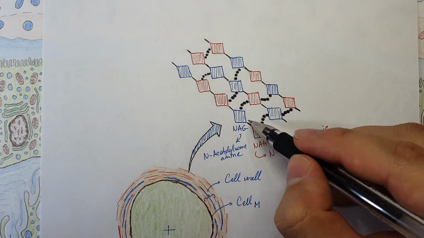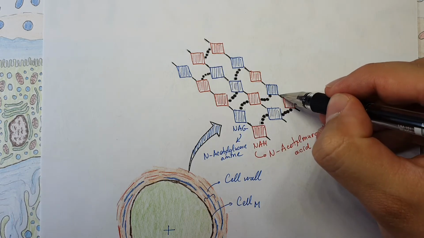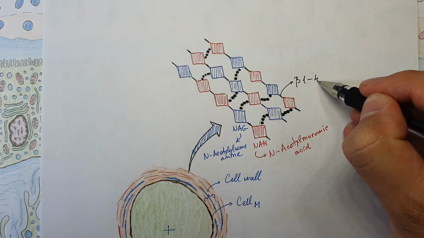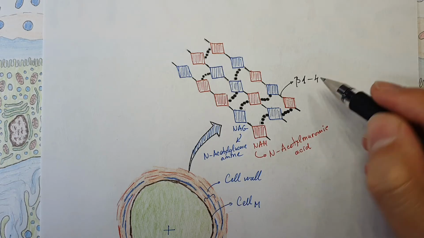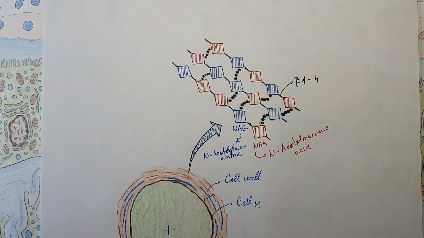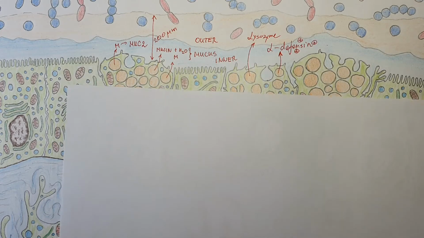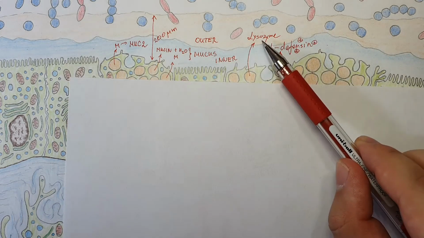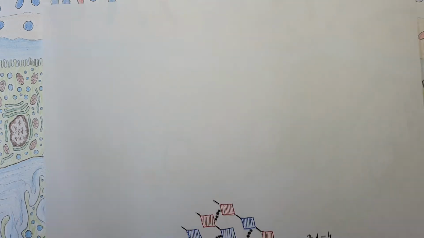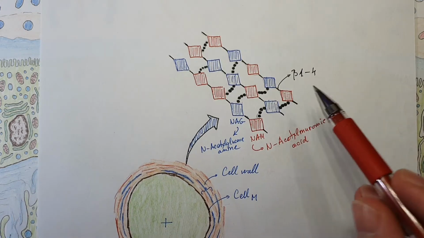They fuse together with this bond, and this bond is actually a beta 1,4 bond. So the first and the fourth carbon molecule in these molecules make a bond, and our enzyme, if we come back in this picture, we see we have this enzyme that the Paneth cells are secreting, lysozyme. This lysozyme enzyme is acting on this bond.